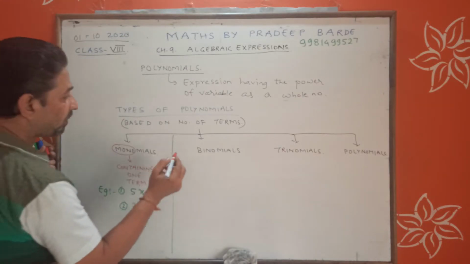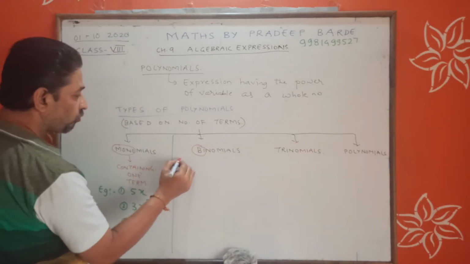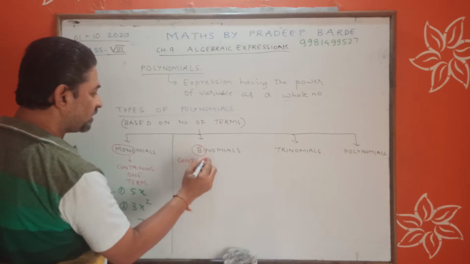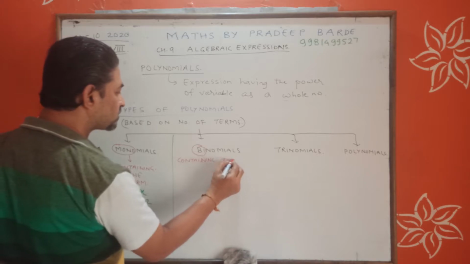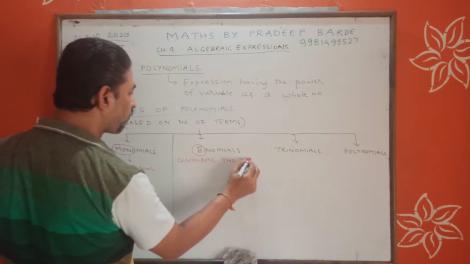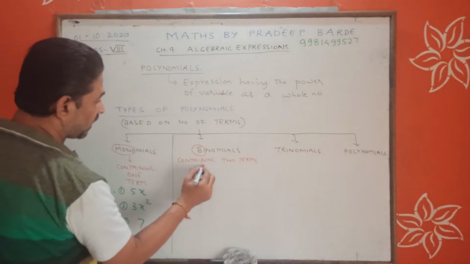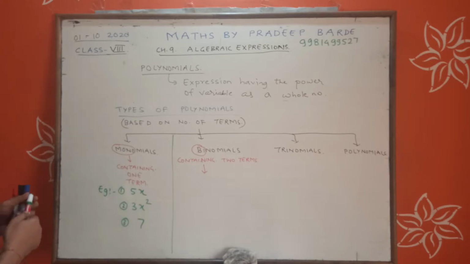Further, when we say binomials, bi means 2. So expressions containing 2 terms are known as binomials. You can see some examples.